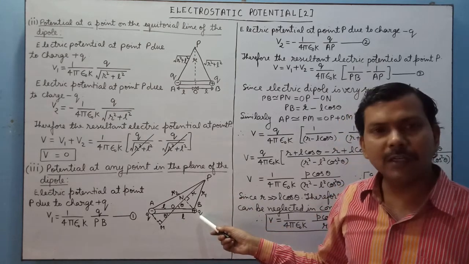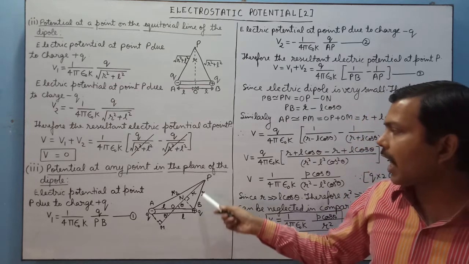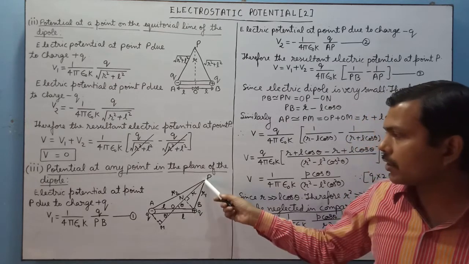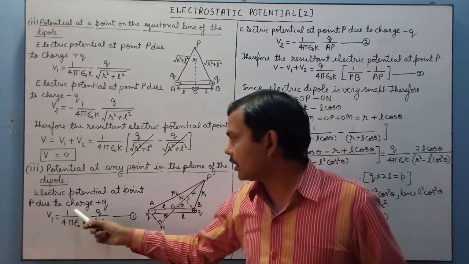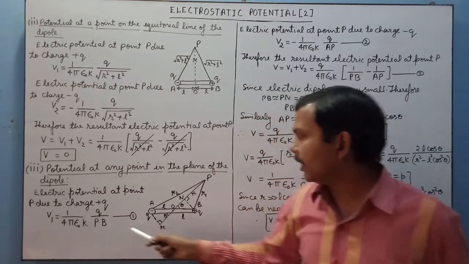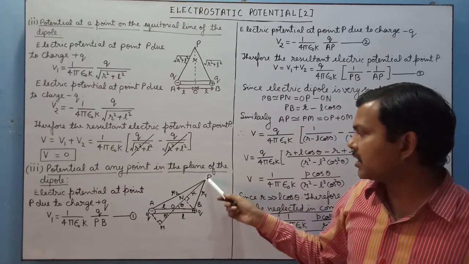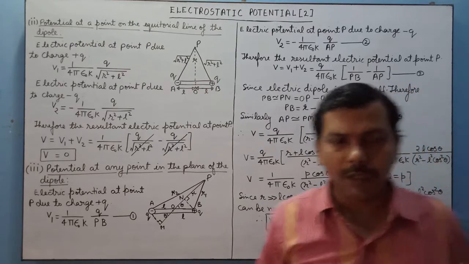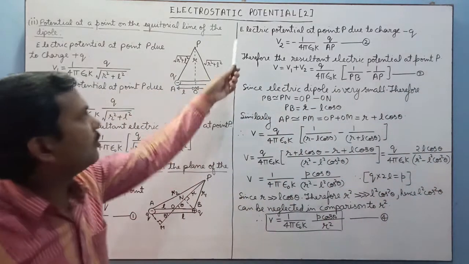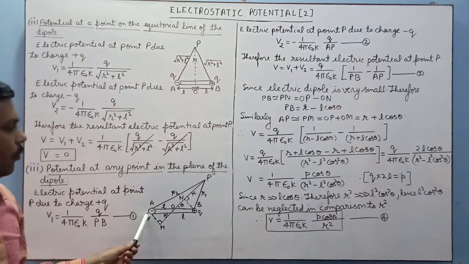Now first the electric potential at point P due to this charge plus q will be V1 is equal to 1 upon 4 pi epsilon 0, k q upon PB. Here the distance of charge plus q from point P is PB. Now similarly the electric potential at point P due to charge minus q.